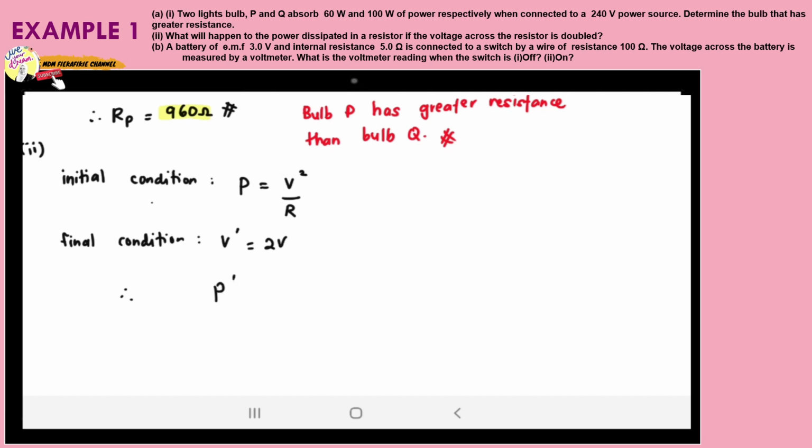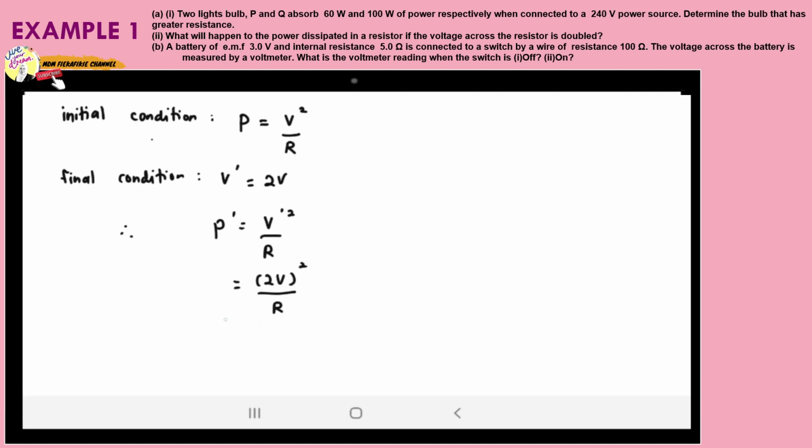Therefore, P prime is equal to V prime squared over R. We have V prime equal to 2V, squared, over R. So P prime is equal to 4V squared over R. Look here, V squared over R is P. Therefore, P prime, the power dissipated in the resistor after we double the voltage across it, is equal to 4P.